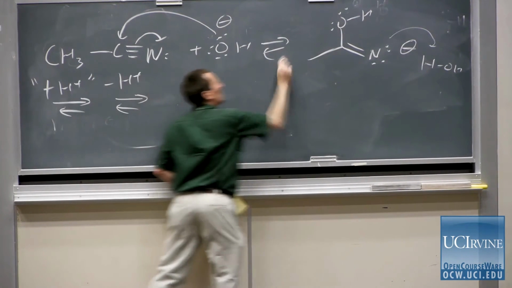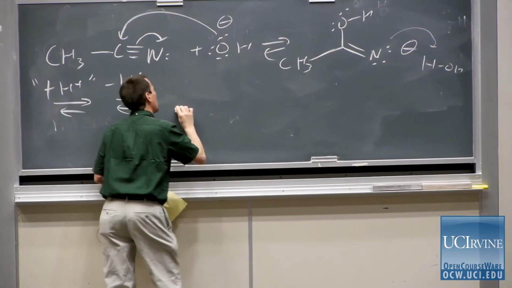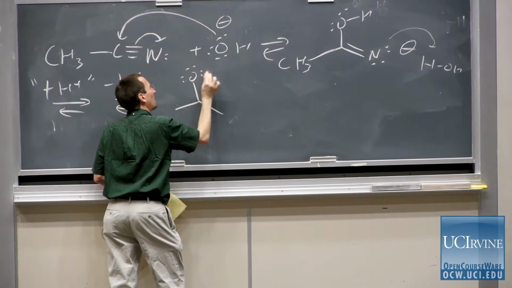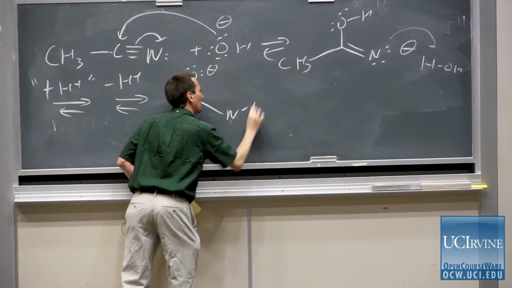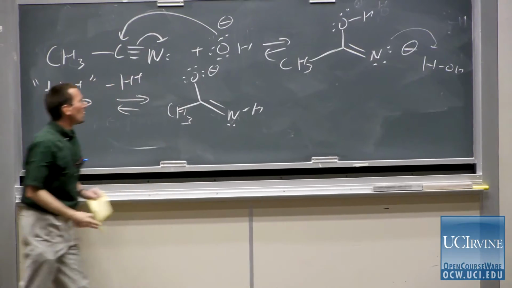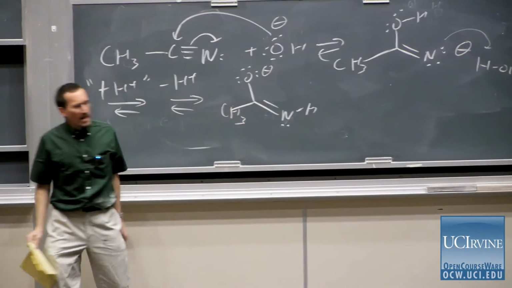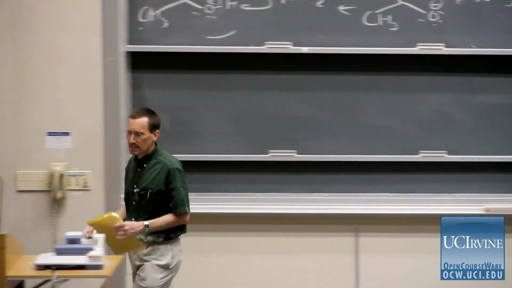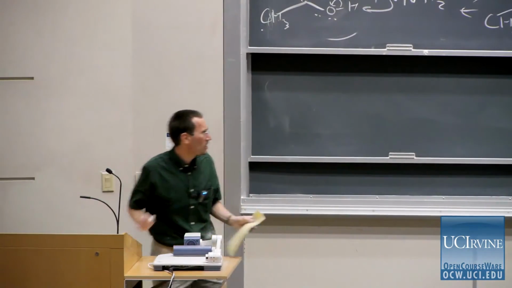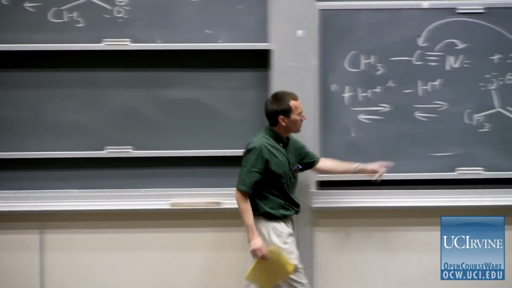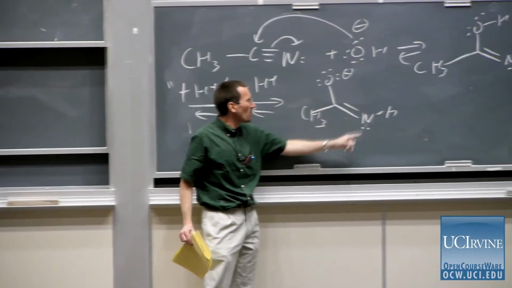Again, we've got a lot of tedious proton shuffling in the mechanism at this point, and I'm abbreviating things a little bit. One thing to keep in mind is this theme that nitrogen-carbon double bonds are very similar to carbon-oxygen double bonds.